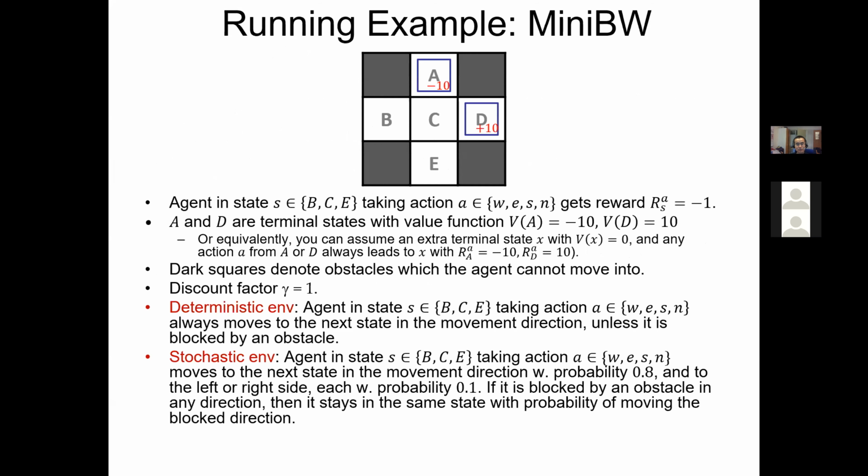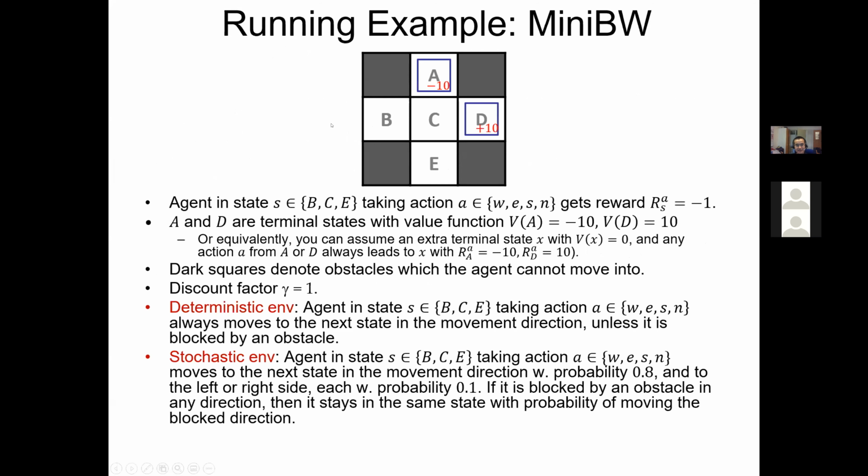So here's an example. We have a small grid world with two terminal states, A with a value of -10 and D with +10.